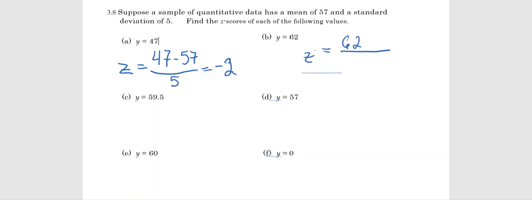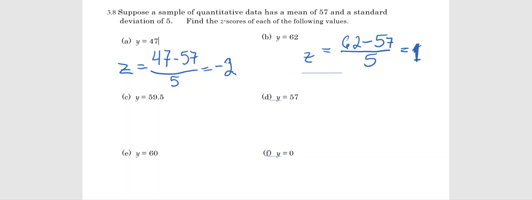So for the second one, I'm going to do 62 minus 57 divided by 5. That's 5 divided by 5, that gives us 1. When you're comparing A and B, notice that 47 was below the mean, and I came out negative. 62 was above the mean, that came out positive. I wonder if that's going to stay true. It totally is.